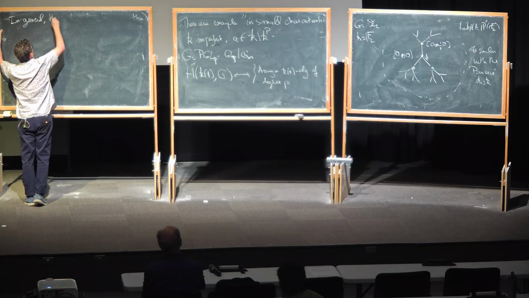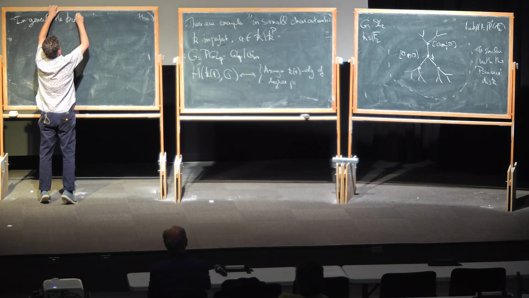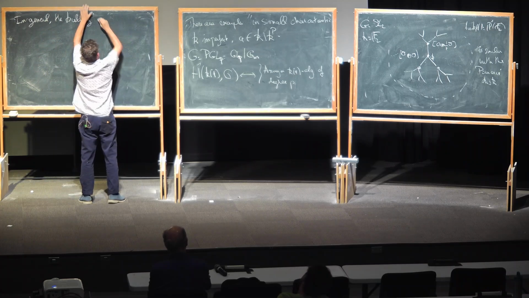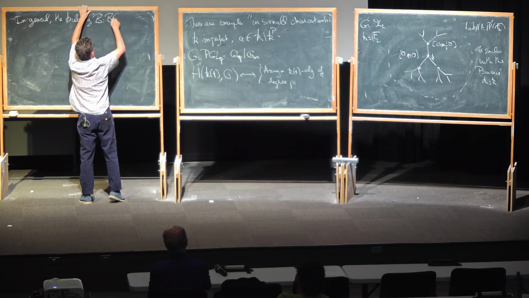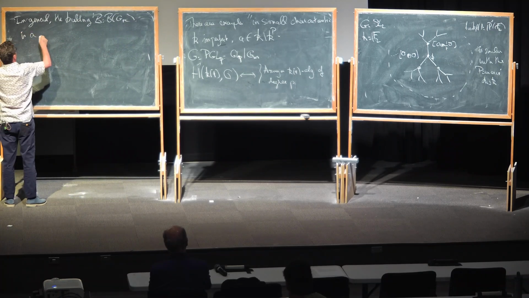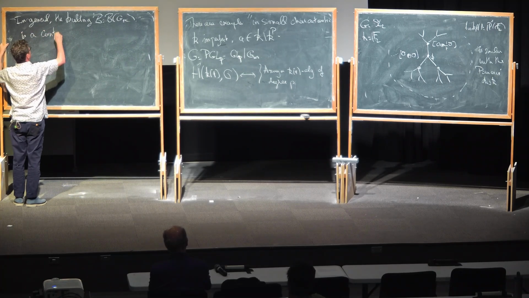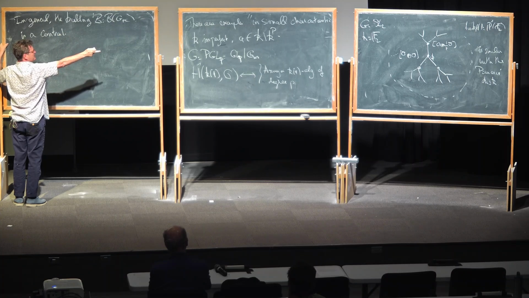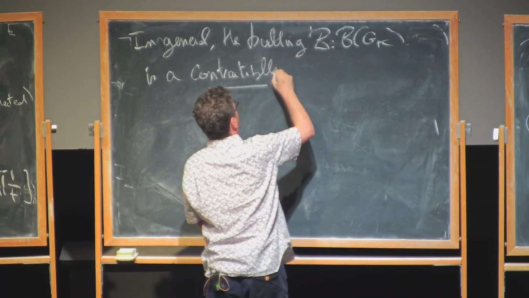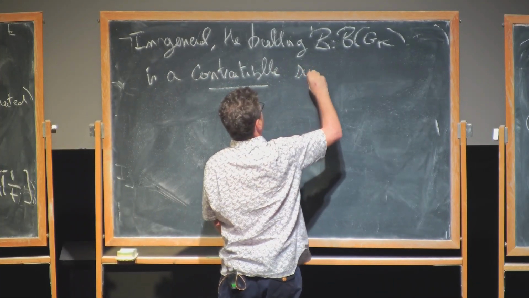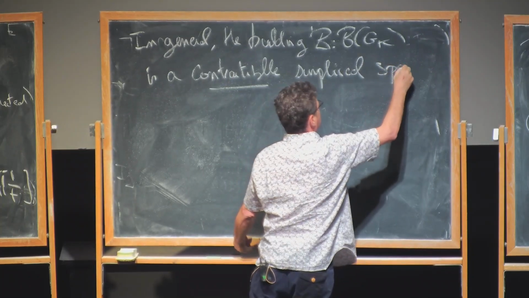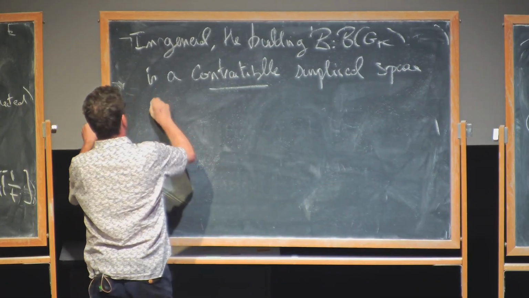So in general, the building B(G,K) is a contractible simplicial space equipped with two things.